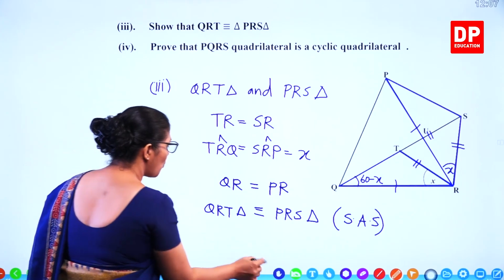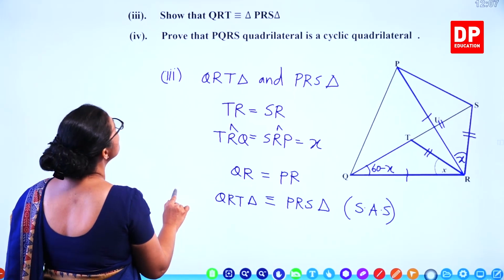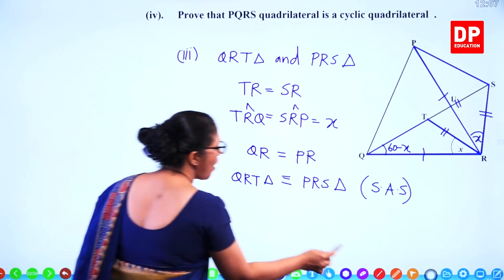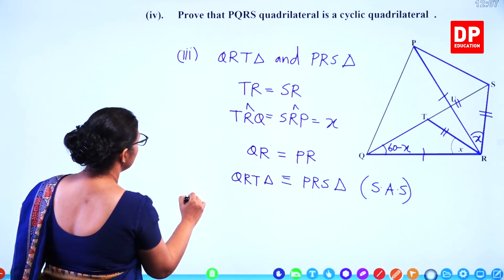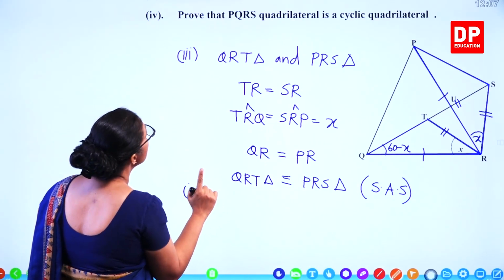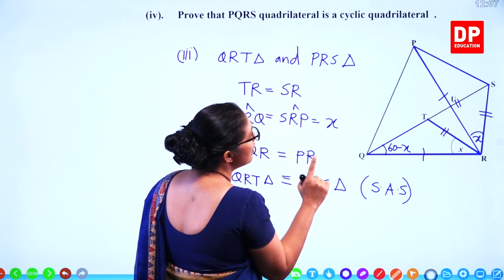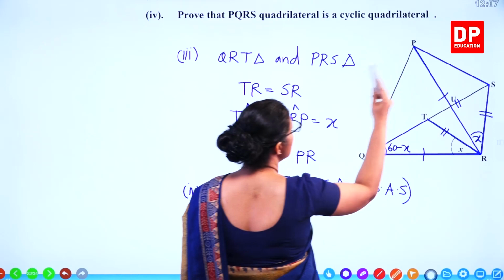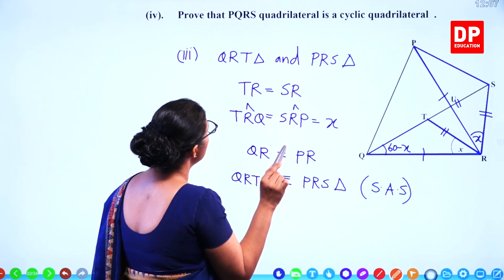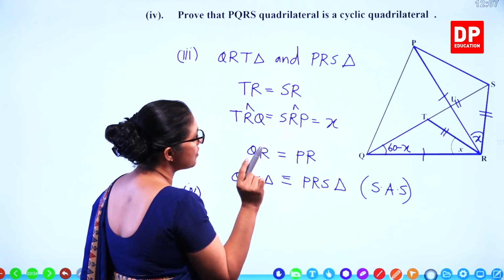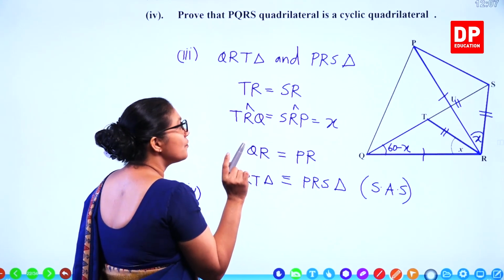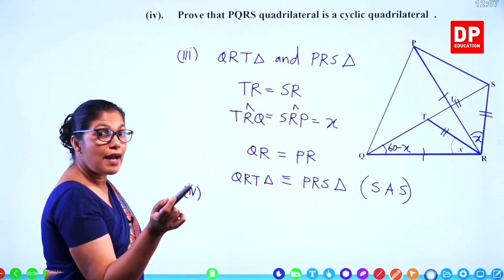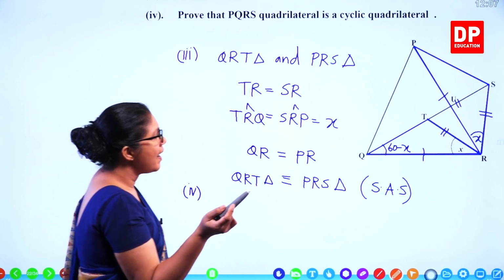And then fourth one, it says prove that PQRS, this whole quadrilateral, is a cyclic quadrilateral. So if it's a cyclic quadrilateral, opposite angles add up to 180.